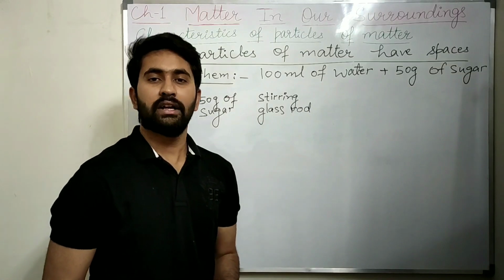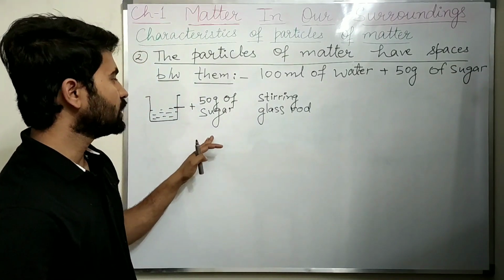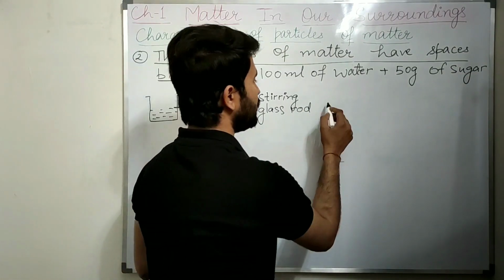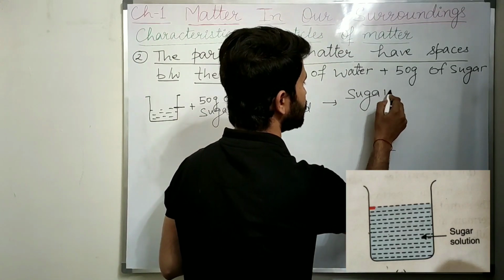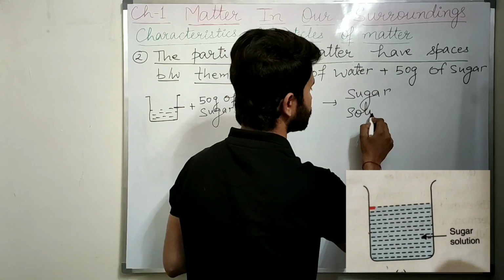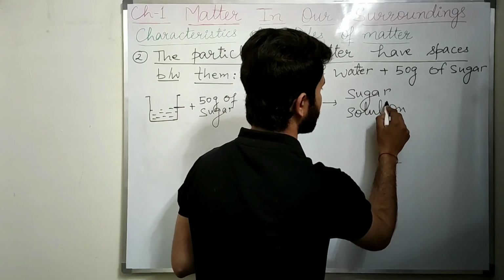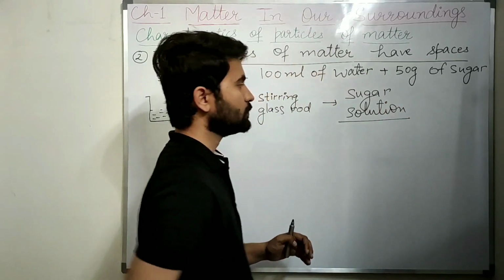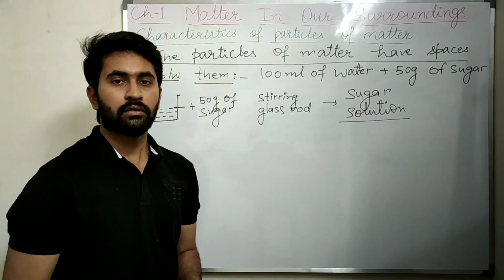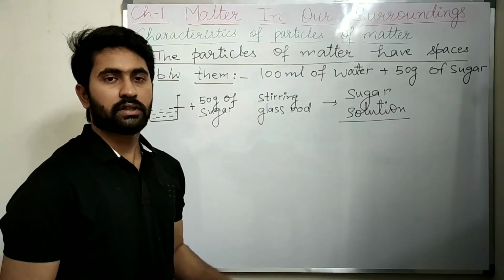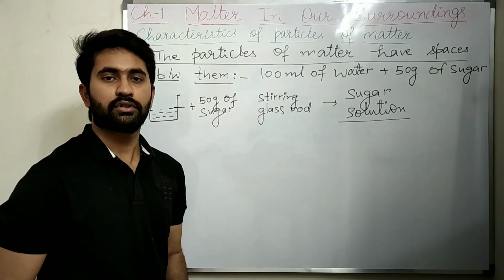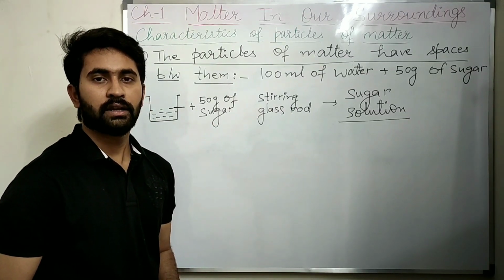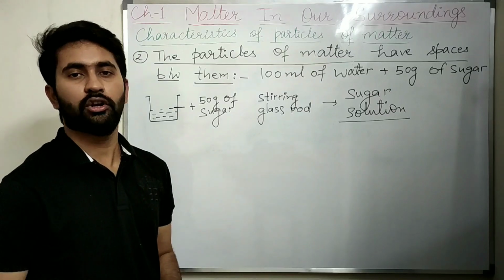When the sugar dissolves completely, we will get sugar solution. Now we will observe that when we dissolve 50 grams of sugar in water, there is no change in the volume of water.